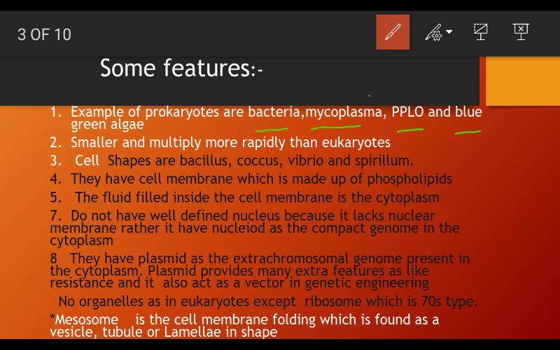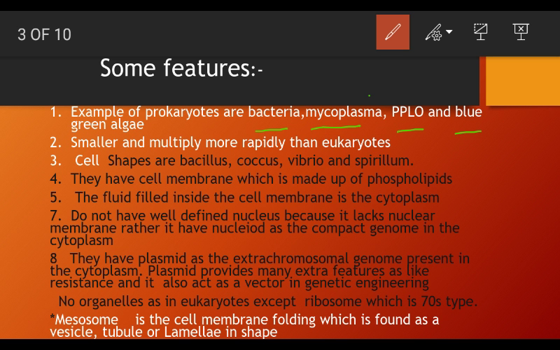Mycoplasma is the wall-less bacteria, you can call it, right? Mycoplasma is also very harmful. It causes various diseases, and PPLO is the pleuropneumonia-like organism. It is also a type of prokaryote. Blue-green algae, that is cyanobacteria, right?